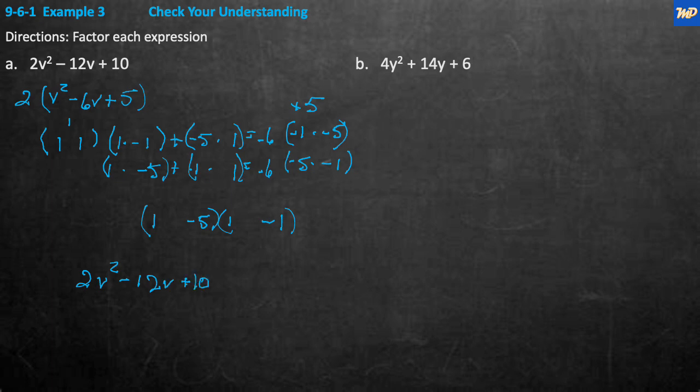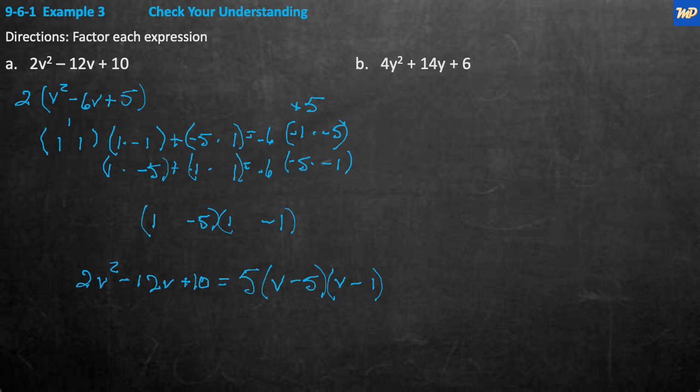It is equal to 2 times v, it's a 1v, but v minus 5 times v again minus 1. And there's our solution.